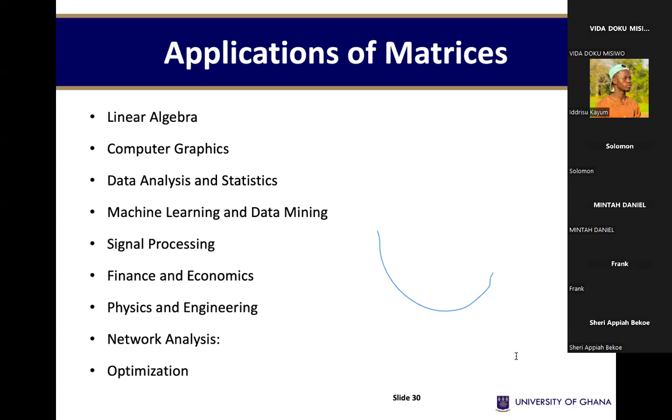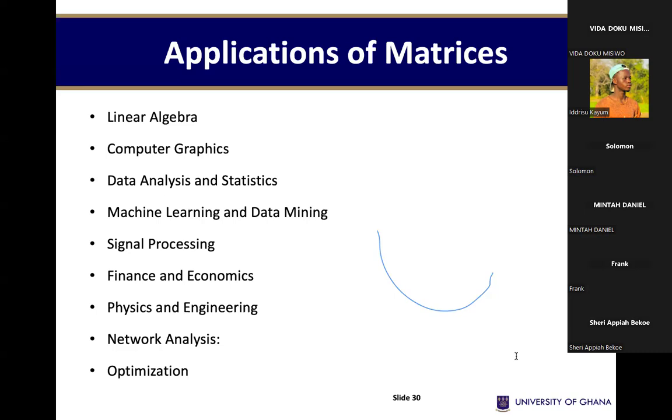In fact, there are a lot of other uses, like physical engineering and network analysis. Talk about optimization: use it to do linear programming, right? The linear programming we are dealing with has to do with finding an optimal solution when you have a main objective function subject to some constraints.